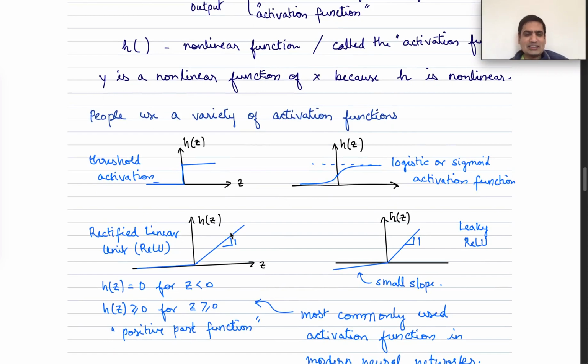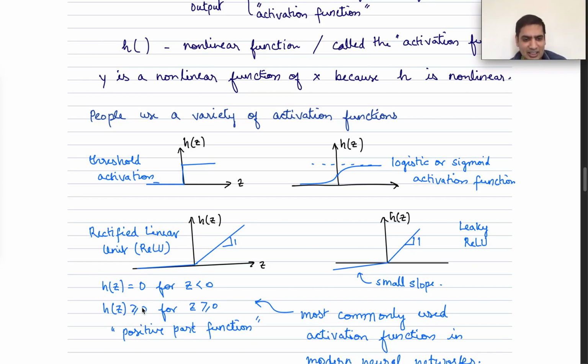And then more recently, just in the last 10, 15 years, people started using something different from these two activation functions, which I think has an unfortunate name: the rectified linear unit. It's 0 for z less than 0, and it's equal to z for z greater than 0.